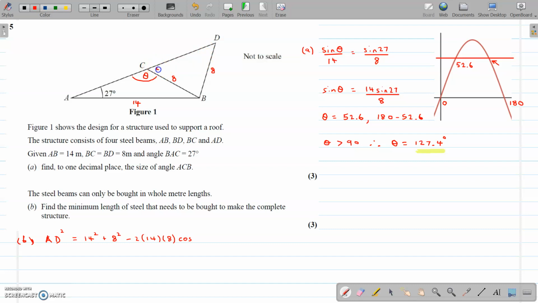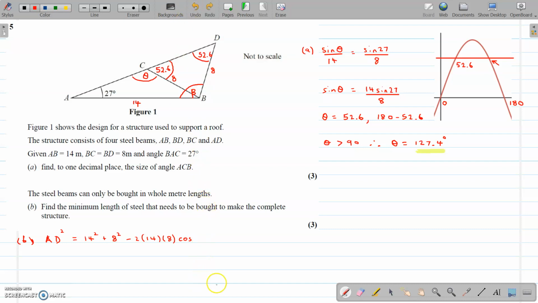This is 52.6 because of the way in which we calculated theta earlier. And because that's 52.6 and this is an isosceles triangle, this angle here is also 52.6. Okay? So the angle I'm using in my cosine rule, which is this one here, if I just call that angle there maybe beta, that's probably going to be clearer.